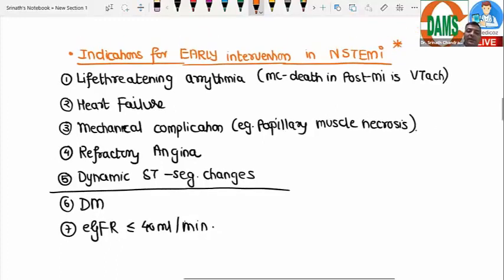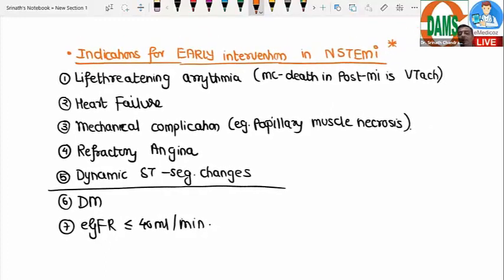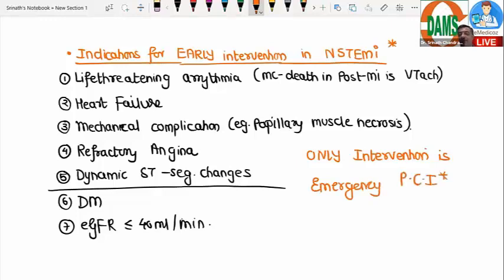But which is the only intervention allowed? The only intervention allowed is percutaneous coronary intervention. Emergency PCI, in short angioplasty, is what is recommended.